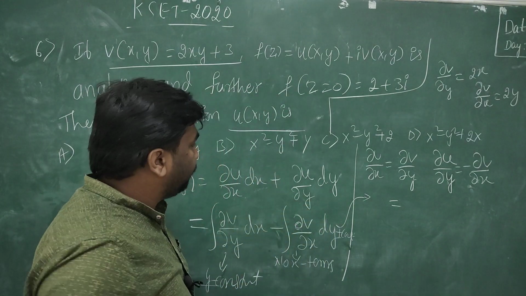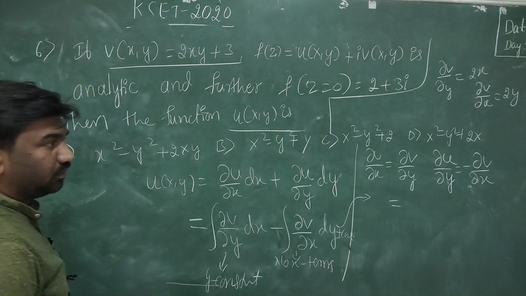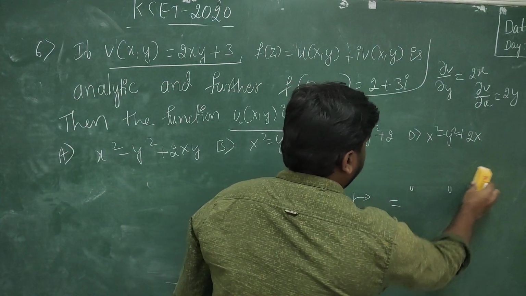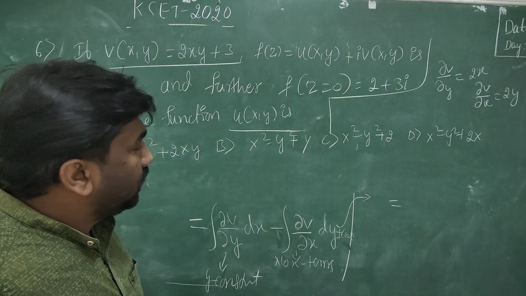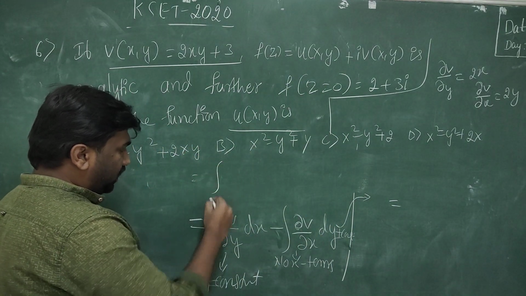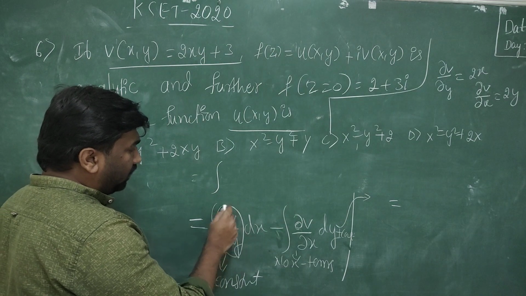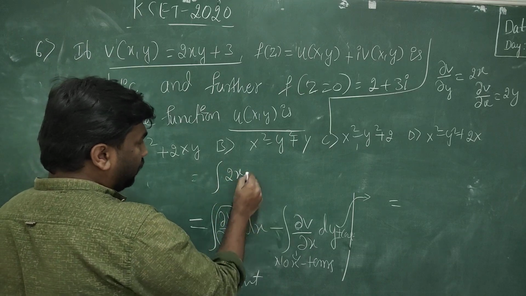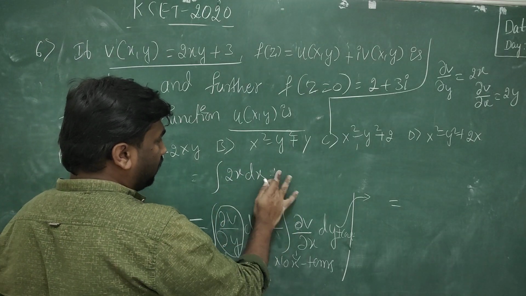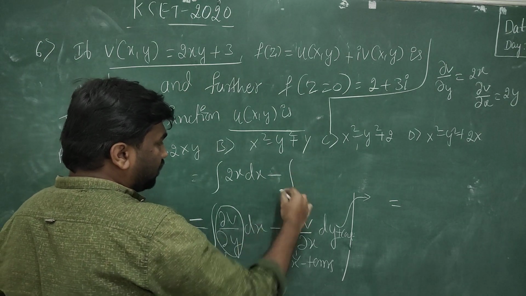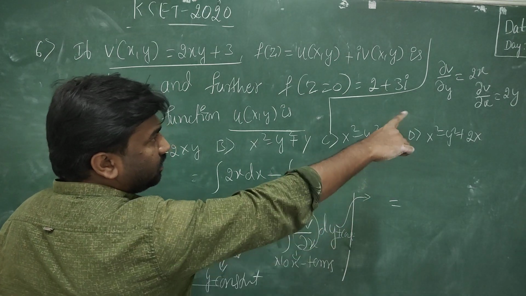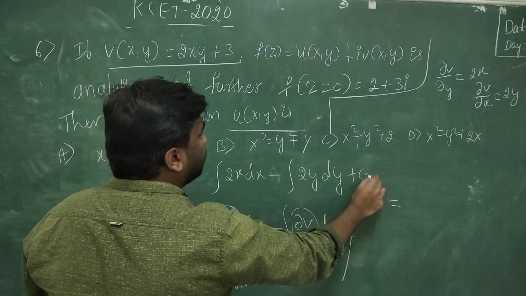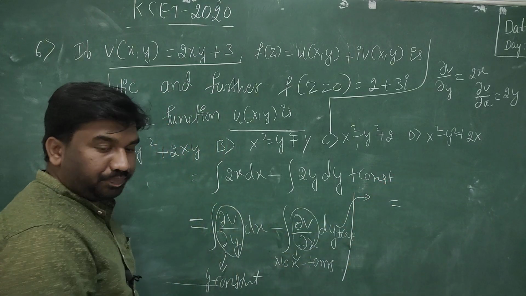So therefore, see, I am going to rub this part. So therefore, integration of dou v by dou y is 2x into dx plus minus integration of dou v by dou x, so that is 2y into dy plus constant, integration constant.